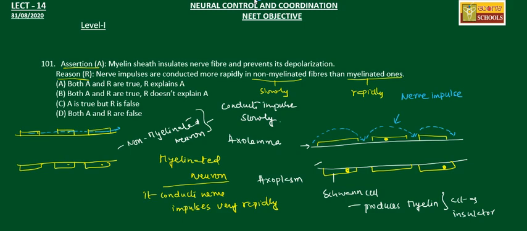Hence the reason is wrong. If it said conducted more rapidly in myelinated than non-myelinated, then the statement would be right. But here it is opposite, so the reason is wrong. So option C, A is true but R is false, is the right answer.